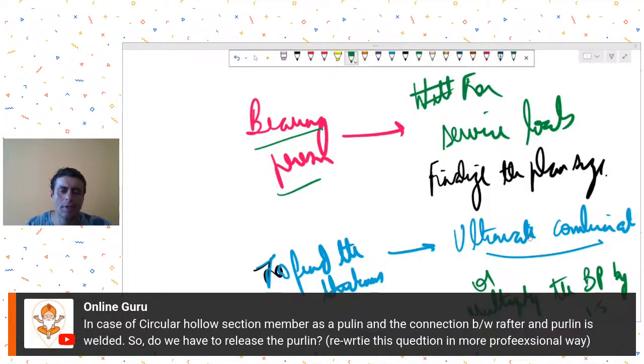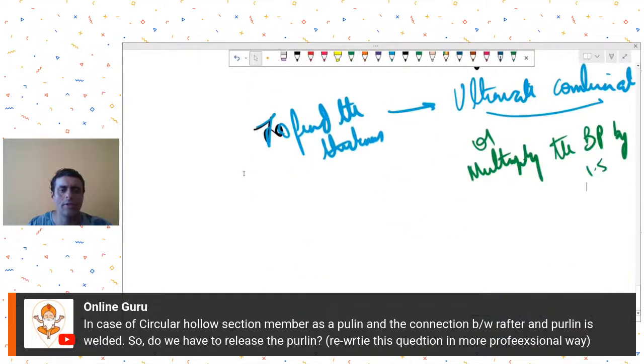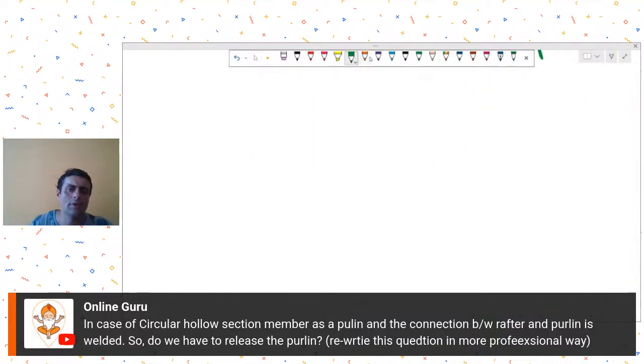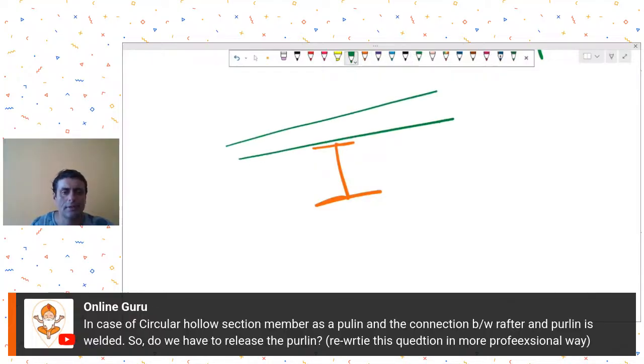Generally, these PEB people assume a certain level of continuity in the purlin because they are keeping the purlin on the top of the rafter. That means if this is my rafter in section and my purlin is going like this, they assume continuity effect.